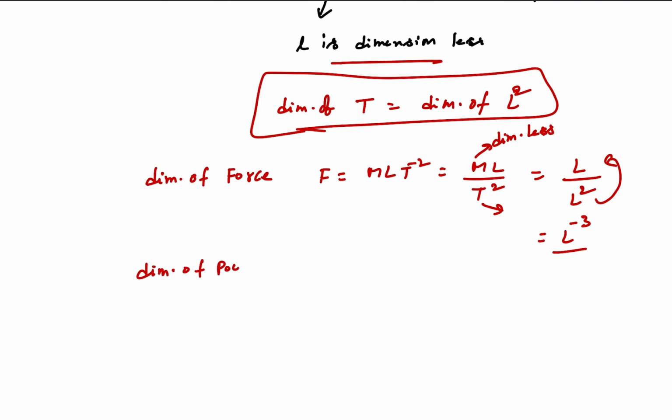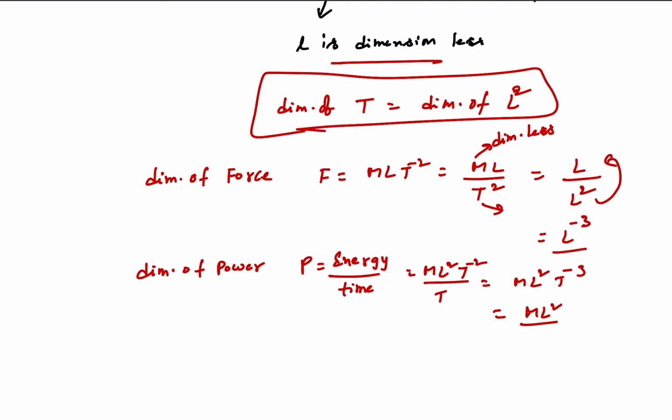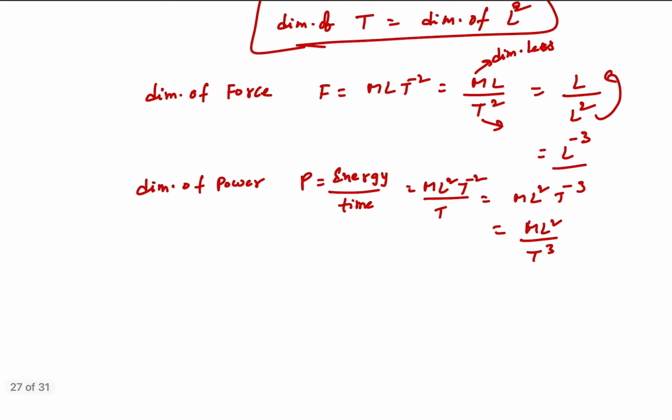Dimension of power. P is equal to energy by time, m L square t power minus 2 divided by t, m L square t power minus 3. That is m L square divided by t cube.